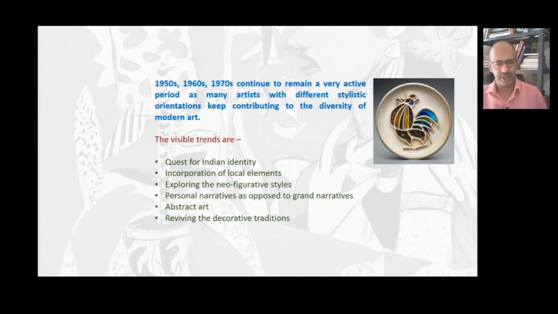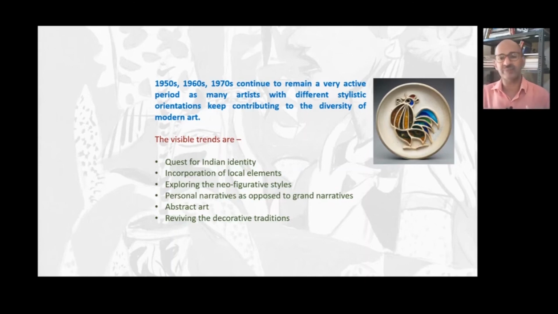Now, the visible trends are the quest for Indian identity, which is going to be there for a long time in spite of internationalism, in spite of certain global characteristic features. By and large, most of the Indian artists would really retain this quest for an Indian identity in spite of internationalism.